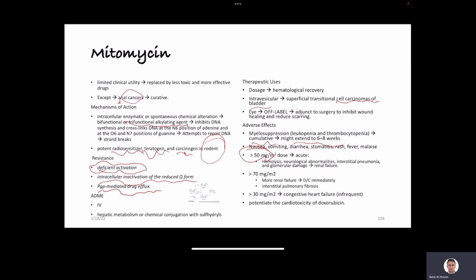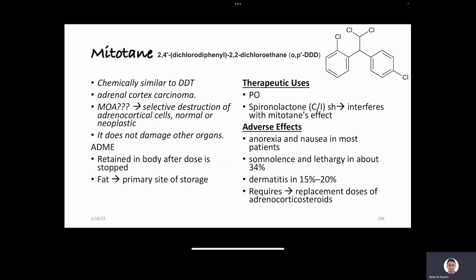And if you exceed 70 milligrams per meter square, you will have more renal damage. If this develops, you have to discontinue the drug immediately, and also pulmonary fibrosis. Higher doses, like higher than 30 milligrams per meter square, could cause congestive heart failure. And it could also potentiate toxicity of other cardiotoxic agents like doxorubicin.